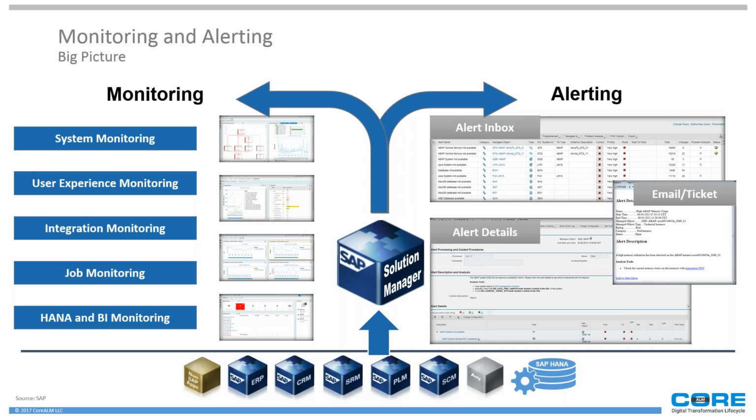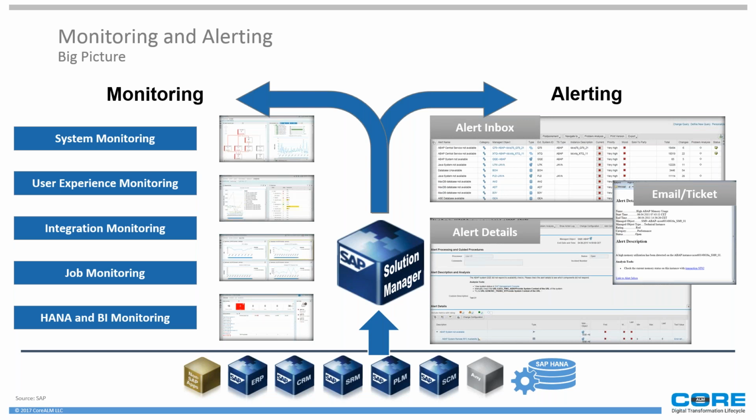So as we mentioned on the left side, we have different monitoring tools available, and then once we capture that data, we can go ahead and generate alerts. You can keep those as alerts. You can create incidents. There's numerous things that you can do.